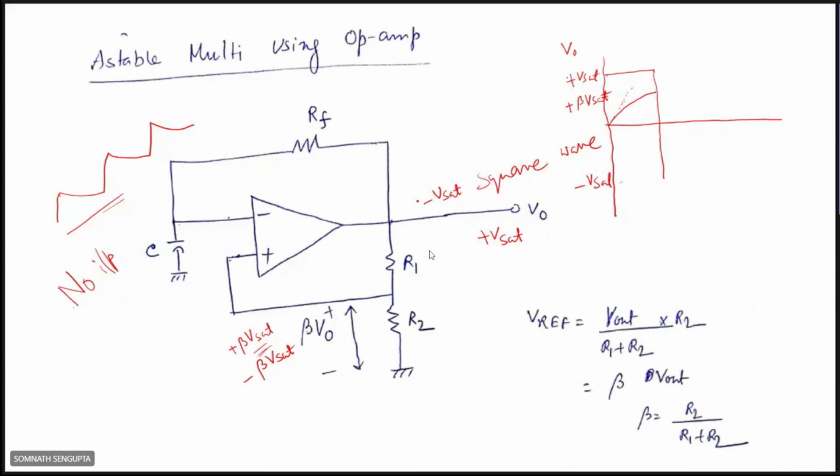Now you see the capacitor, which was charged to plus beta Vsat, will try to charge toward minus Vsat, that is, it will try to discharge, because of the negative voltage. So from that point it will start discharging.